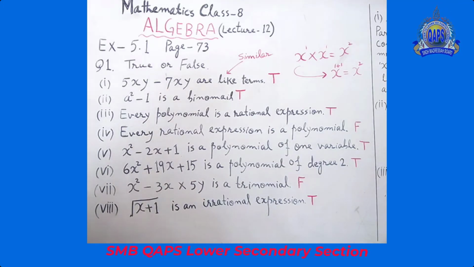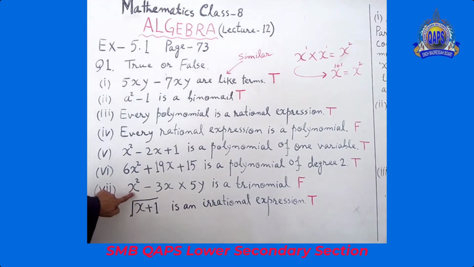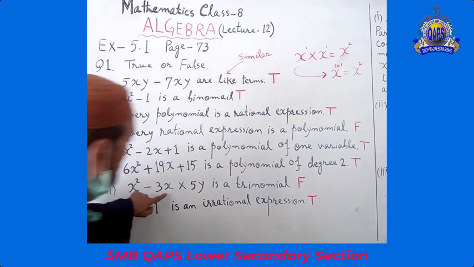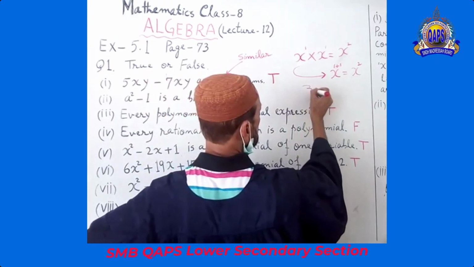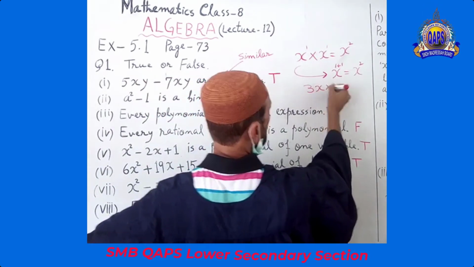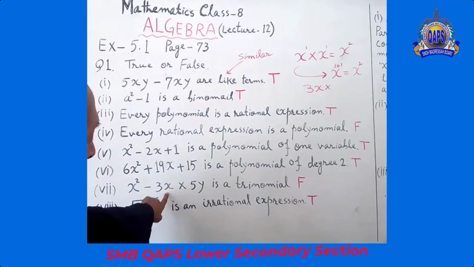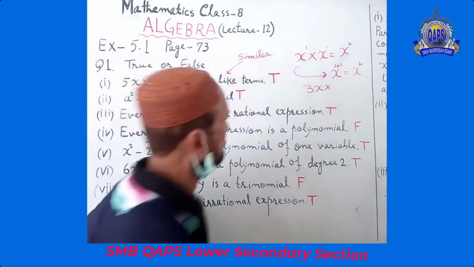So, the answer will be x square minus 3x multiply 5y.